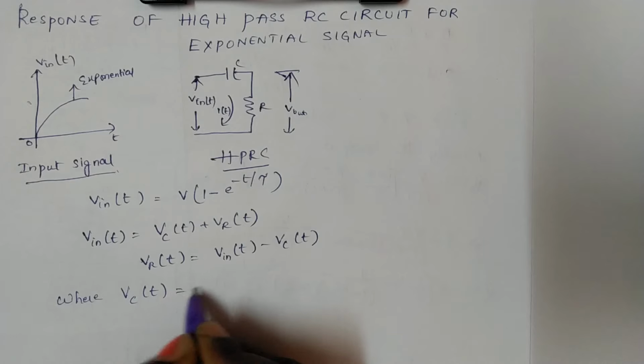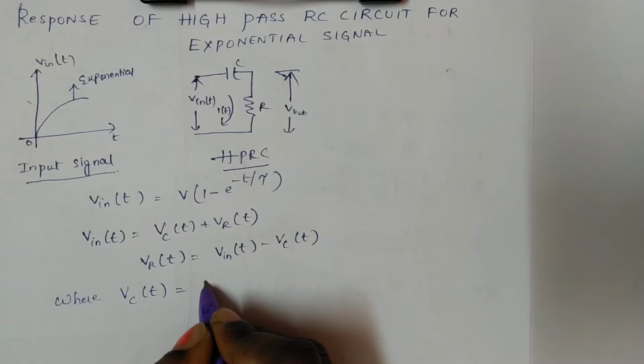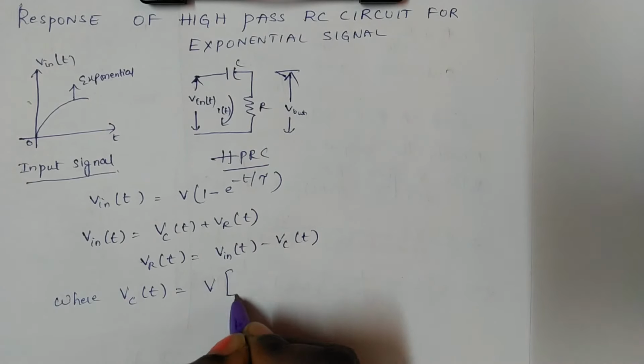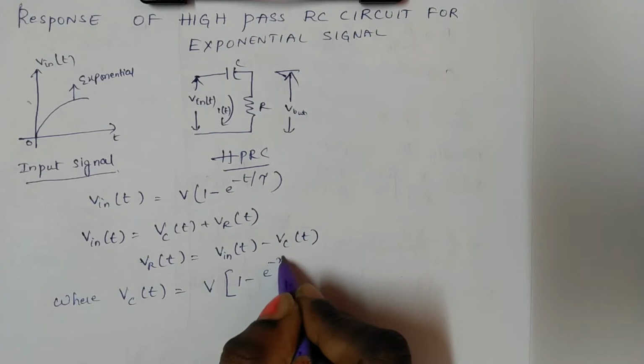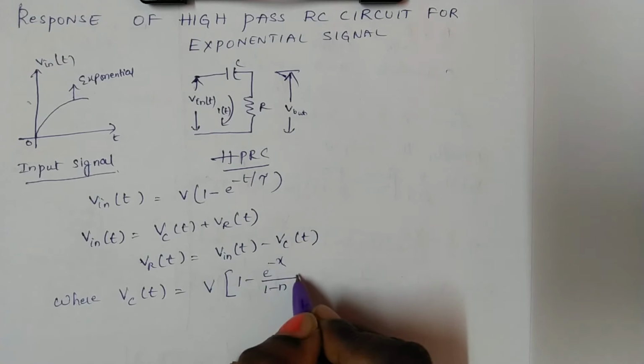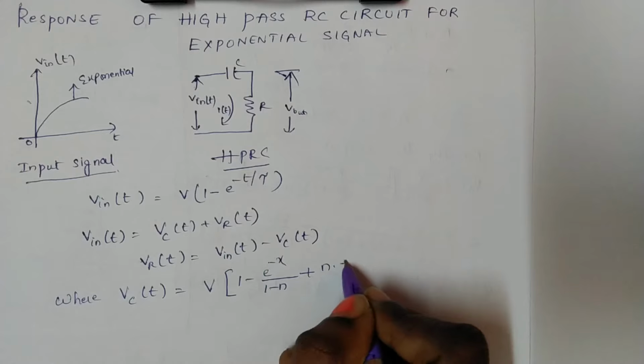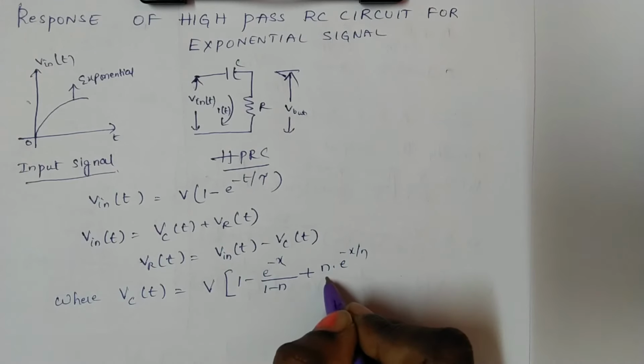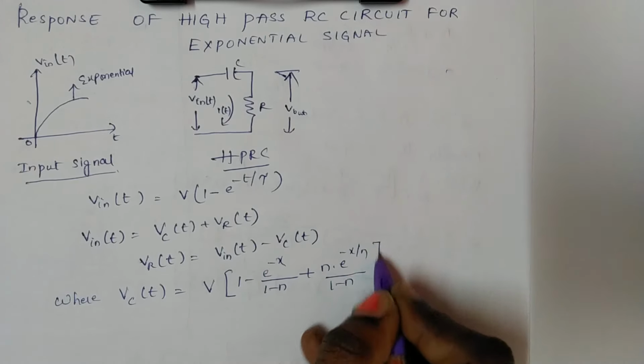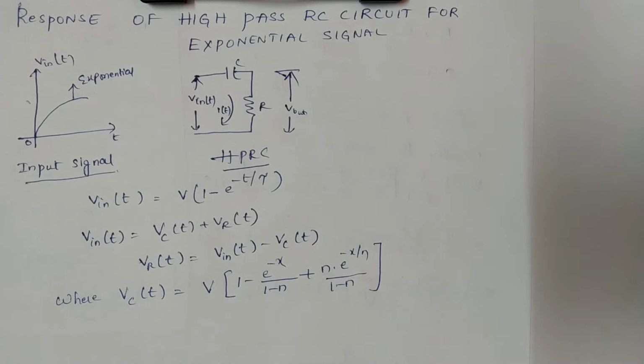The V input of t is this one, where Vc of t, the voltage across the capacitor, is V into 1 minus e power of minus x by 1 minus n plus n into e power of minus x by n by 1 minus n. We derived this in the last class. If you want to know, you can go through that last video.